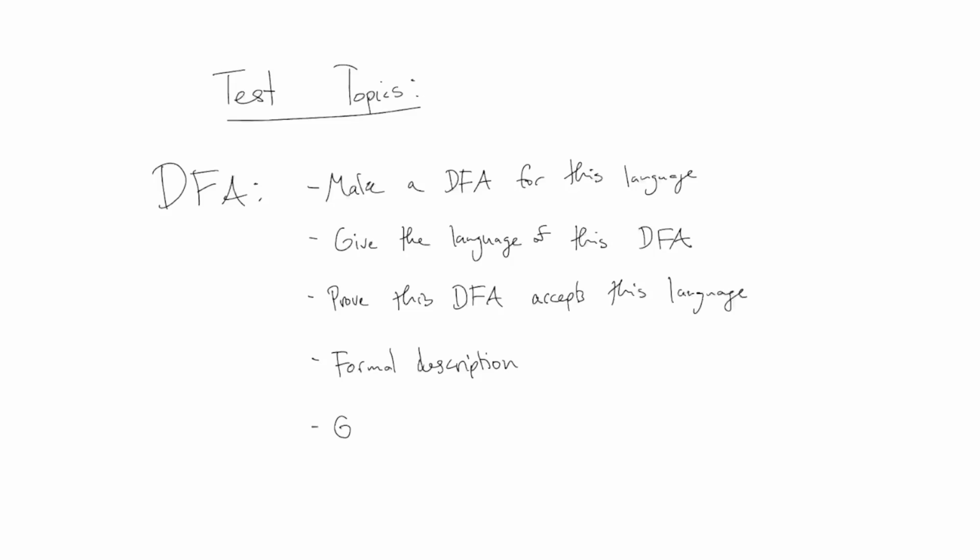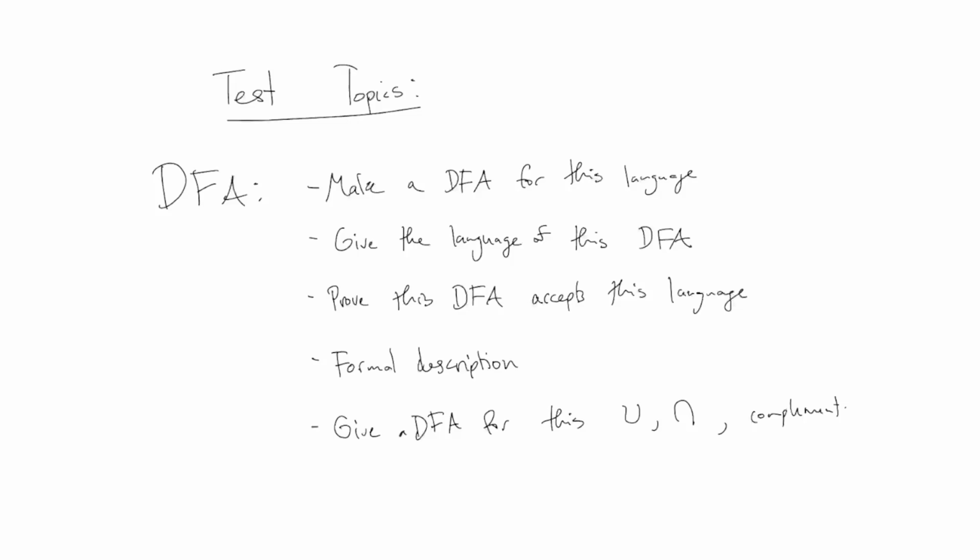And then the last type of question for DFAs, something like: give a DFA for this union or intersection or complement. The union and intersection are what we call the product construction, where you make a new DFA made up of pairs from the original ones, and you draw the arrows in the appropriate ways.